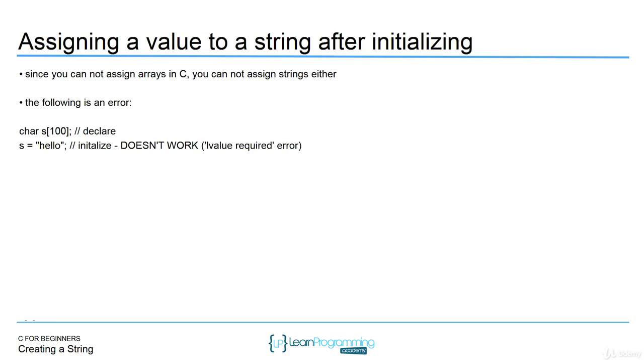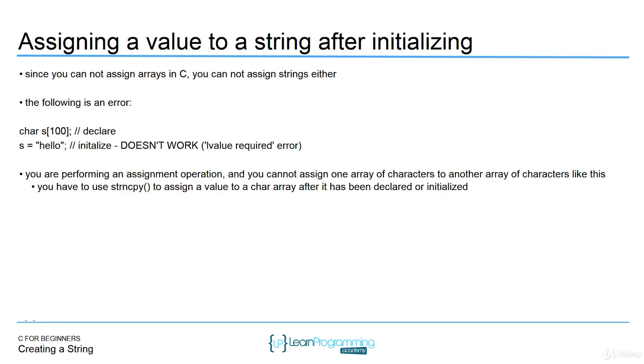That is not going to work, because again, s is an array. Even though it's a string inside double quotes, it's still an array in memory. So if you're performing an assignment operation, you cannot assign one array of characters to another array of characters like the above. If you want to assign data to a character array after you've declared it and initialized it, you have to use a special function called strcpy. And we're going to talk about that in another lecture.